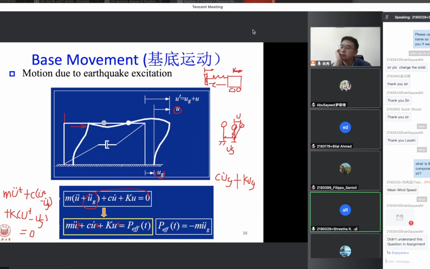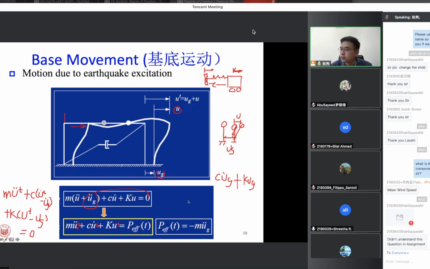How can we represent this force? How do we get this equivalent force? How can we show it in the figure?